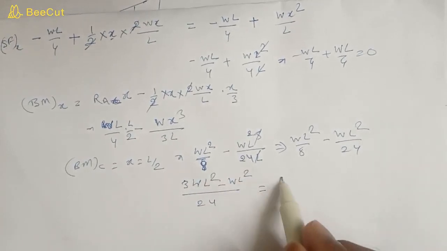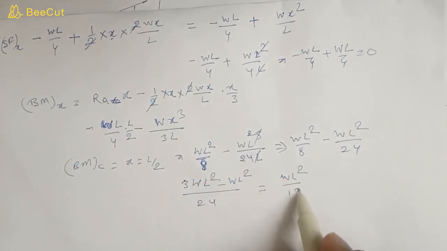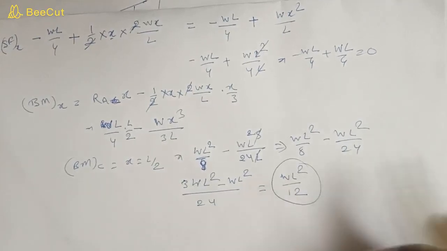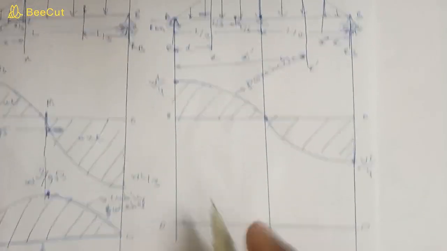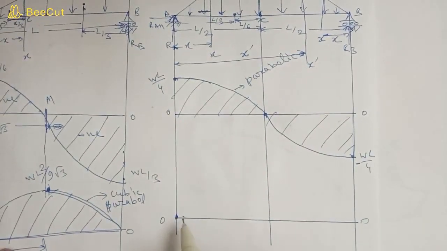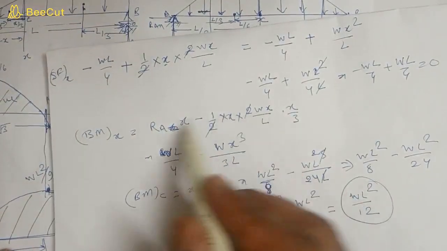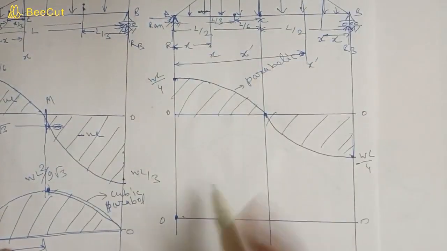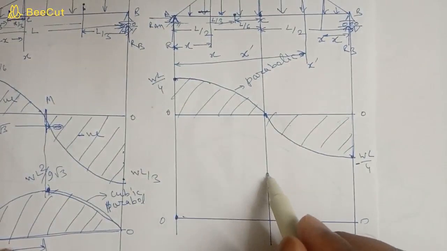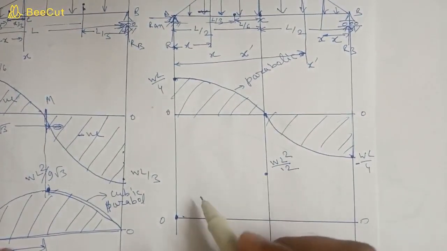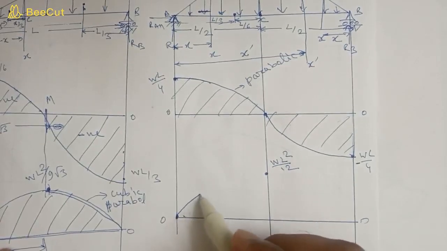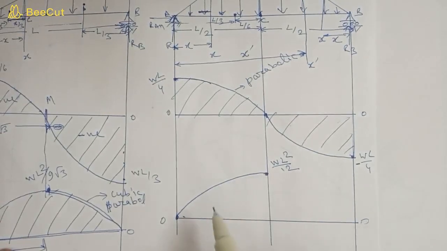So it will become WL square by 12. So this is the bending moment at x equal to L by 2, and it is 0 here because x is 0. So at x is equal to 0, bending moment at A is equal to 0, and at x is equal to L, it is WL square by 12. So this is a cubic parabola in positive direction, so this will become like this.